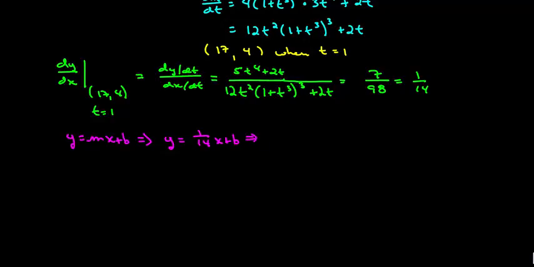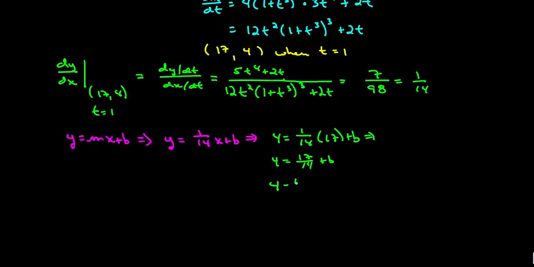So at this point, we're going to insert our point (17, 4). So 4 goes in for y, 17 for x. So this is 4 is equal to 17 fourteenths plus b.